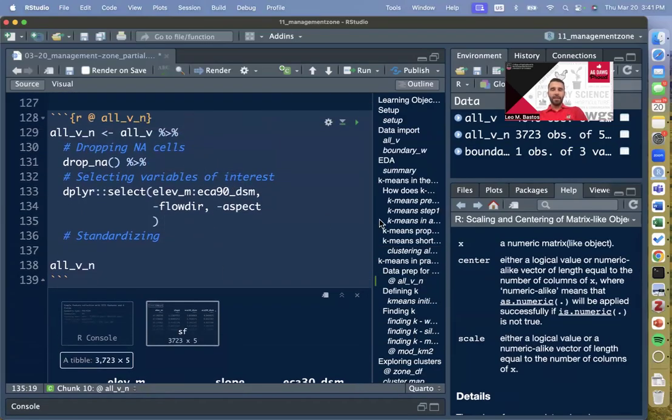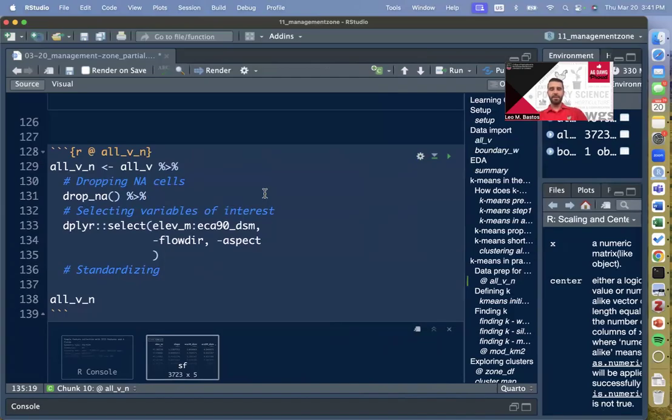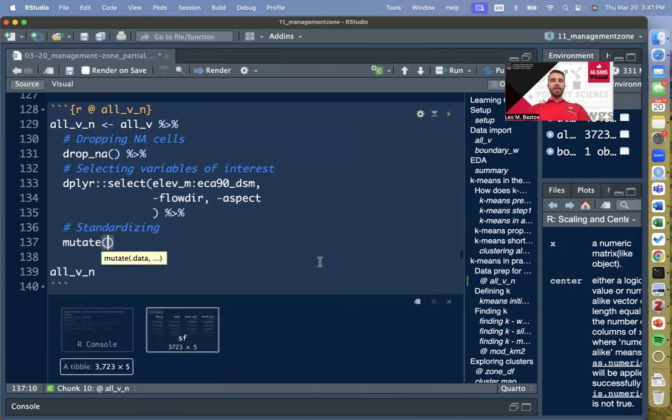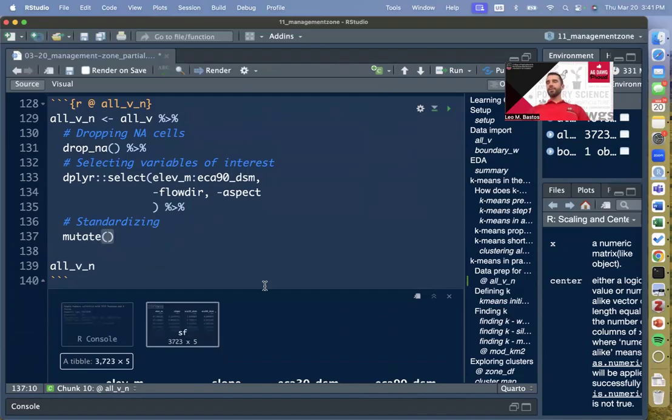So if we come back to the code, you can give a pipe after that standardizing comment. We're going to use a mutate. And here's what we're going to do. We're going to use a function that perhaps you are not as used to using. Every time you want to apply a given function to many columns, we can use the function called across. So across, then we need to specify which columns.